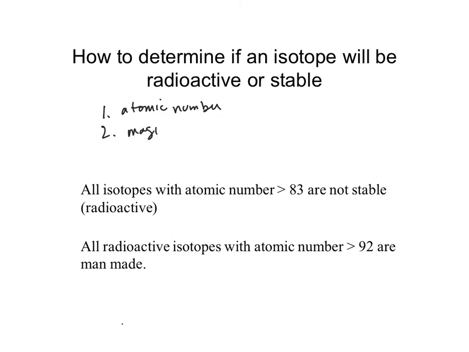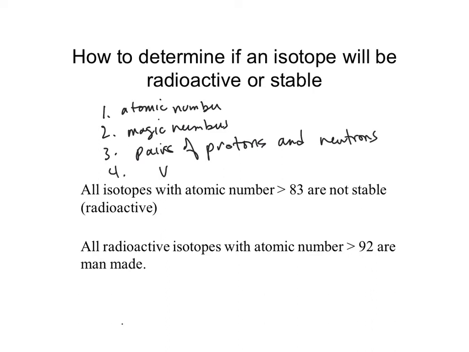Second, magic numbers. Third one is pairs of protons and neutrons. And 4 will be the valley of stability.